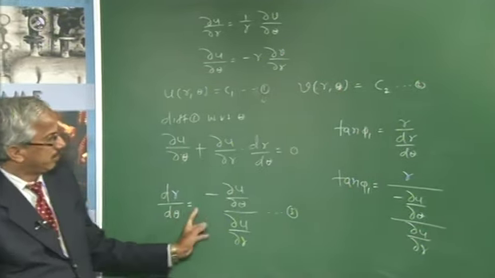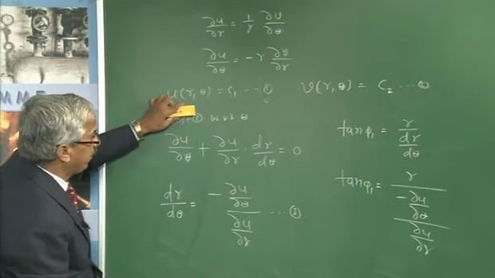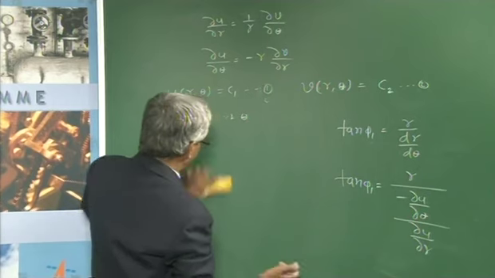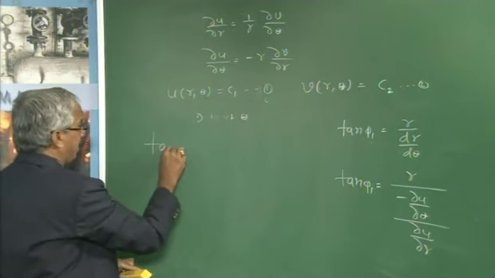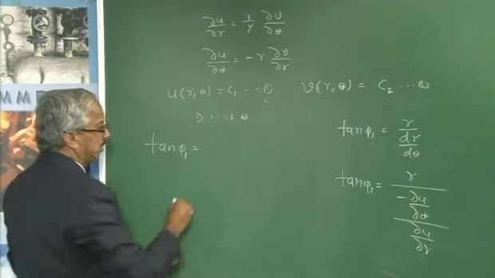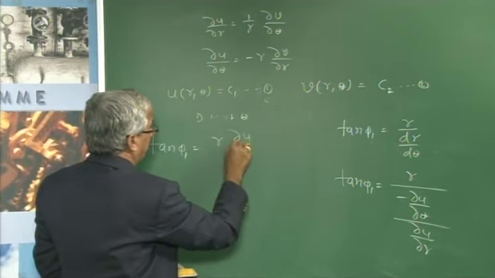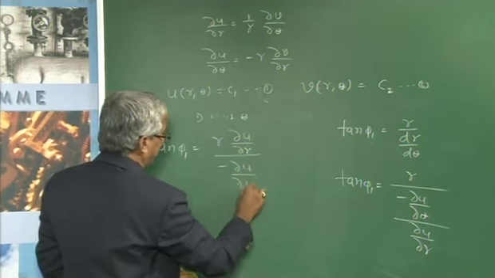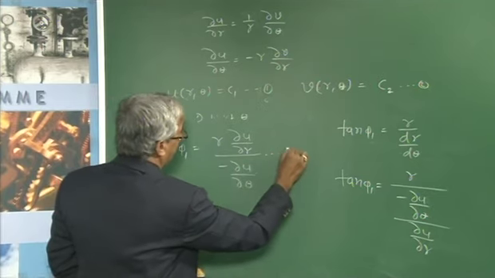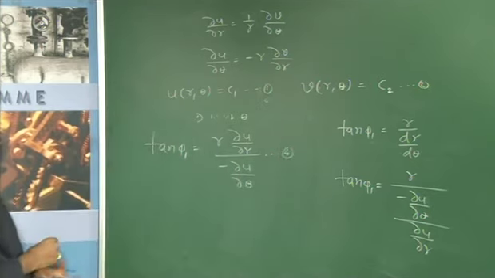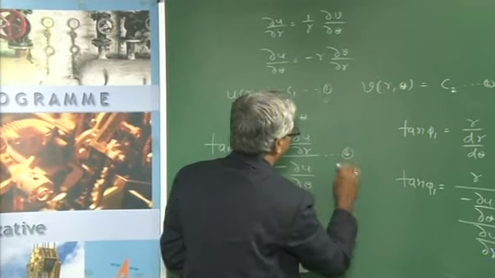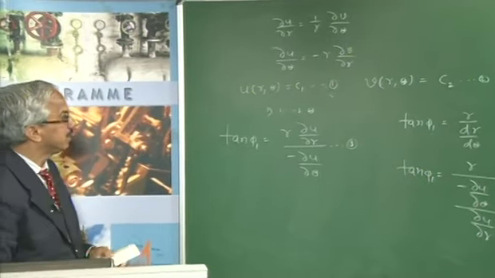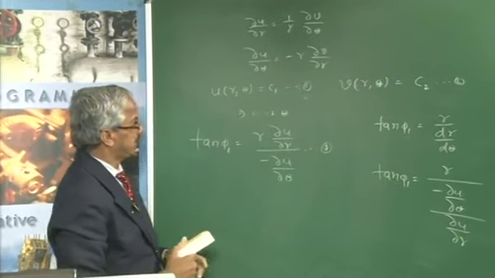After simplification, the term in the denominator goes to the numerator, and therefore tan phi 1 is equal to r into dou u by dou r divided by minus dou u by dou theta. Take this one as 4.